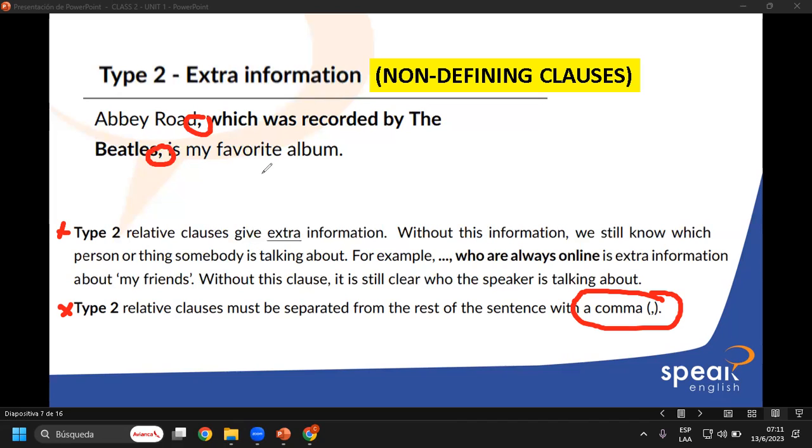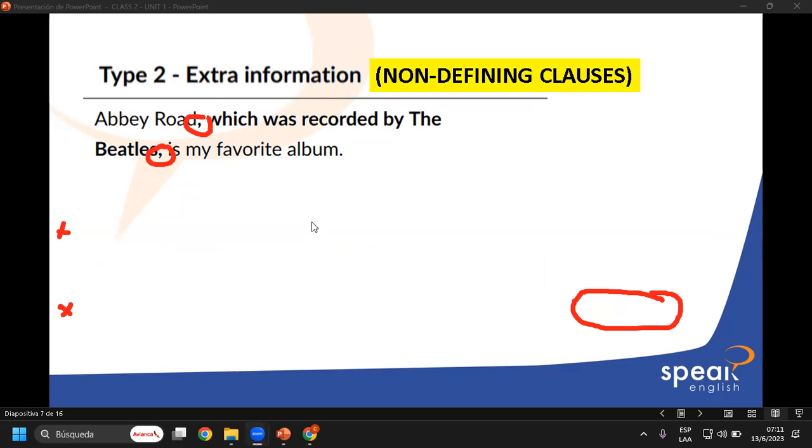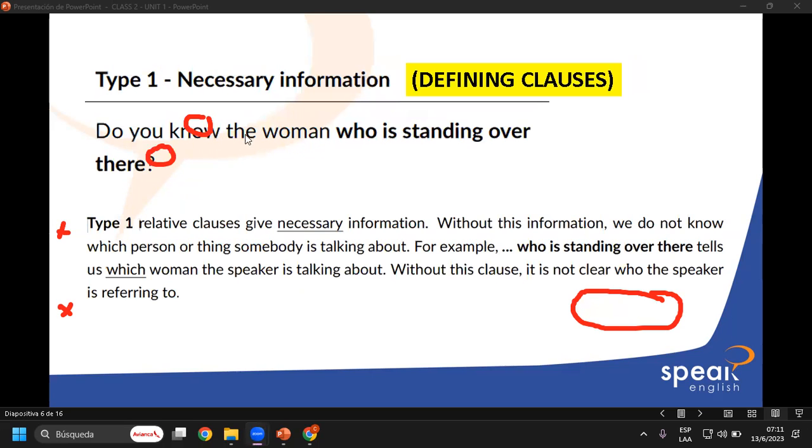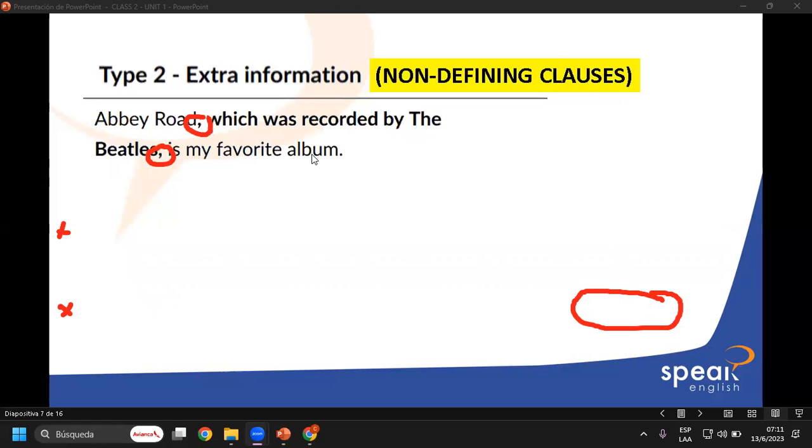So the non-defining clause, or the extra information, we need to put it between commas. In the previous type, type 1, do we need commas? No, because the information is necessary. But because in this one it is not necessary, I just need to add a comma.